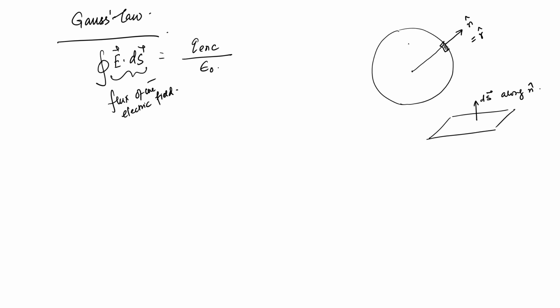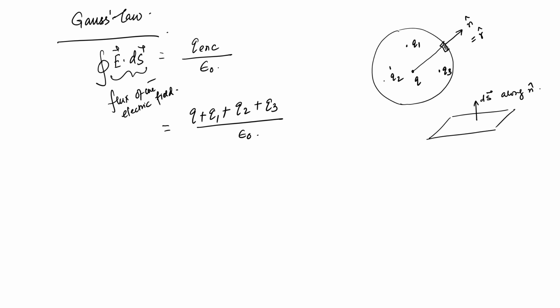In any case, whatever the charge is enclosed in this region, maybe there is a charge at the origin, or there may be charges q1, q2 and q3. So, the law says that the flux of the electric field is equal to the total charge enclosed, which in this case is q plus q1 plus q2 plus q3 and so on, divided by epsilon 0.